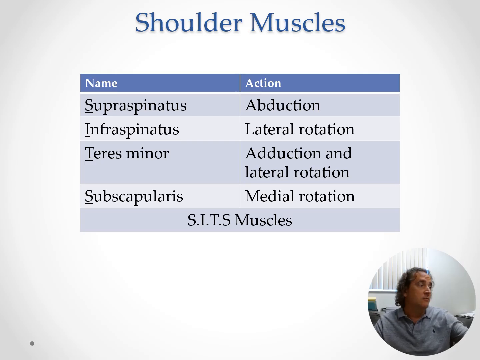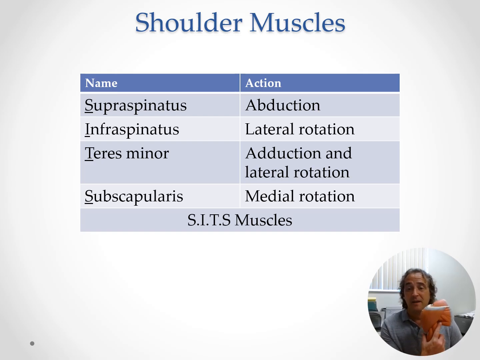I mentioned the rotator cuff muscles. So the rotator cuff muscles are very important. And the rotator cuff muscles, you just need to know where they are. So supraspinatus, above the spine. Infraspinatus, below the spine. Teres minor, right there. All of those right there are going to be infraspinatus, teres minor.